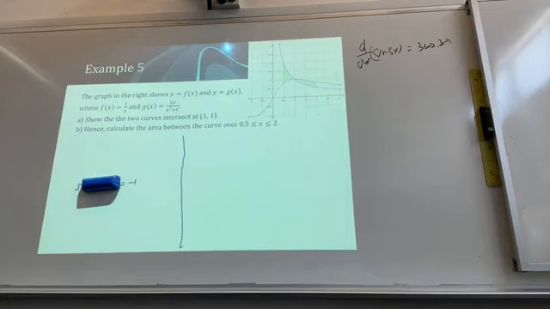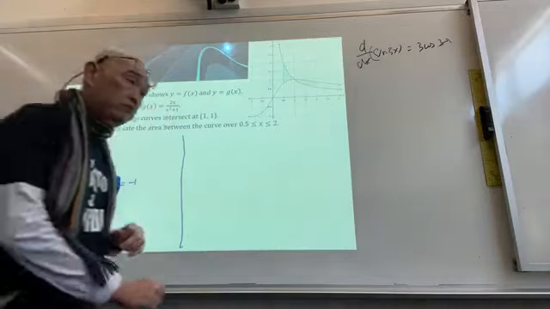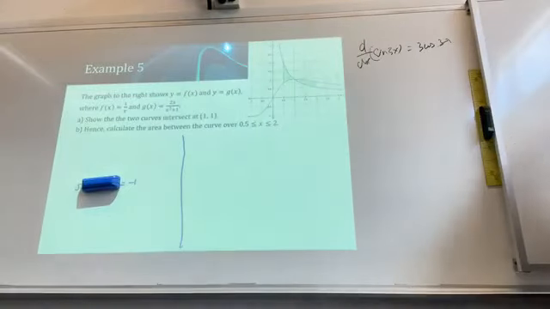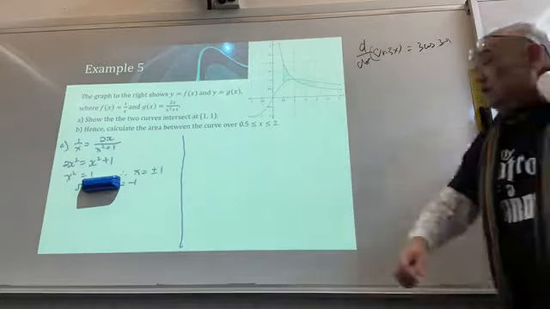So, to show that the two curves intersect at 1, 1, you need to equate those two, correct? Equating those two, you will have 2x squared equals x squared plus 1. So x squared equals 1, x equals plus or minus 1.